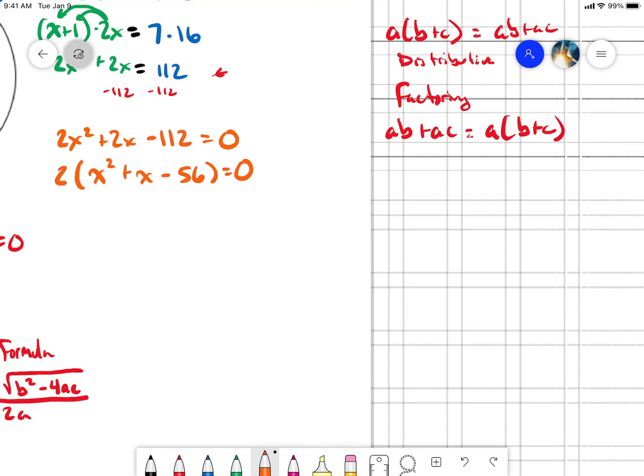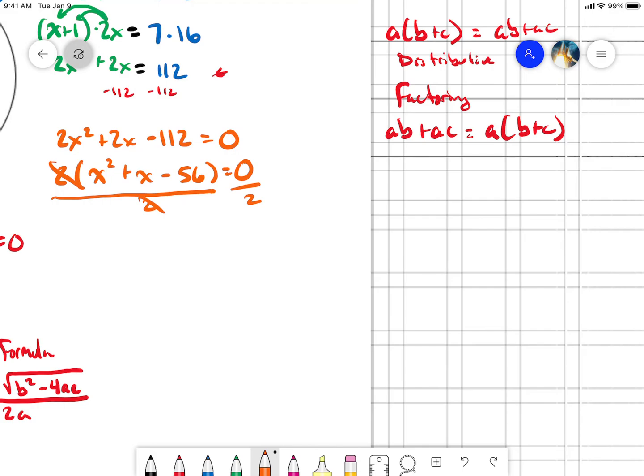Now the reason why I factor out the greatest common factor first is I basically simplify the problem before it really starts, okay? I'm allowed to now divide this entire thing by 2, provided I divide the whole thing by 2. On the left-hand side, this gets rid of the 2, but what happens on the right-hand side? Nothing.